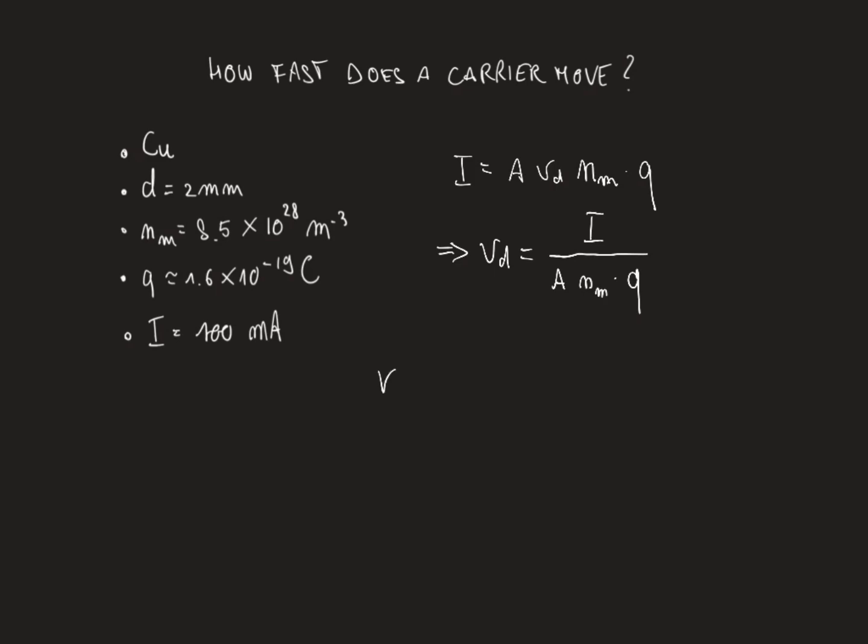And what we get is that v_D is equal to the current, 100 milliamps, which is 10 to the minus 1 amp, divided by the section area, which is equal to pi times half the diameter squared, so 10 to the minus 6 square meter, times 1.6 times 10 to the minus 19 coulomb, which is the elementary charge, times the density of carriers in copper, which is 8.5 times 10 to the 28 per cubic meter.